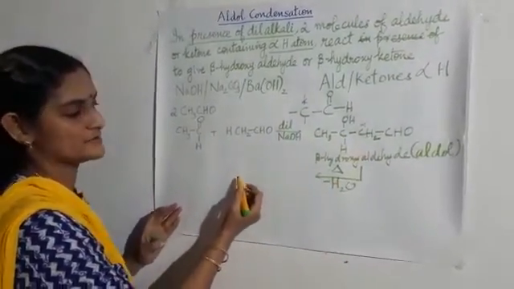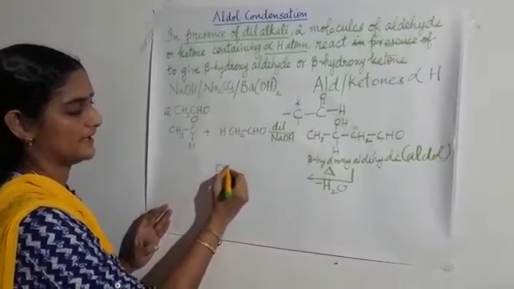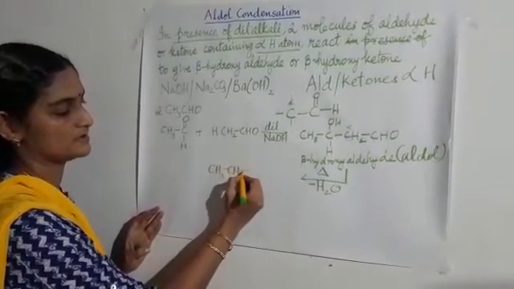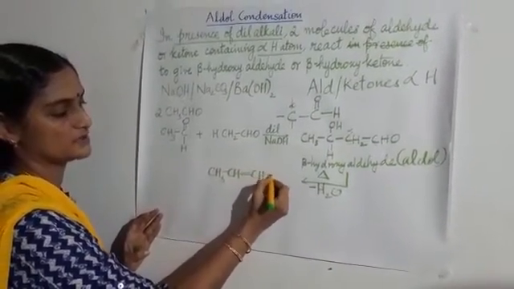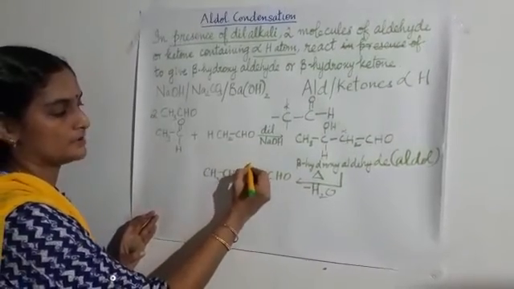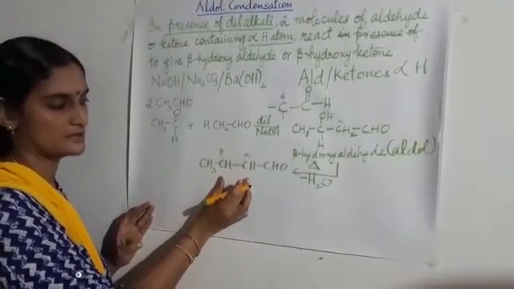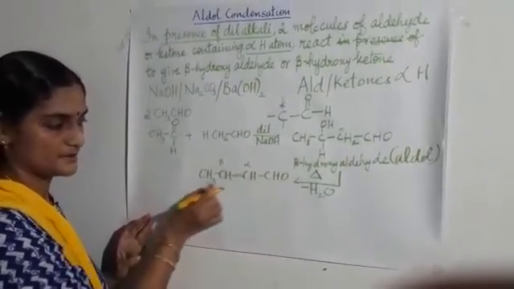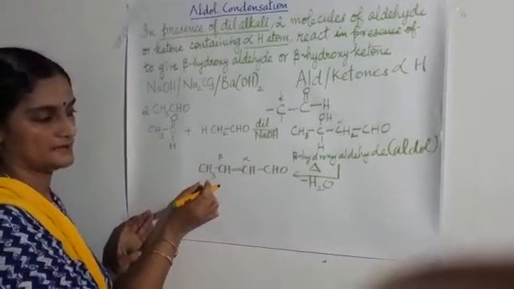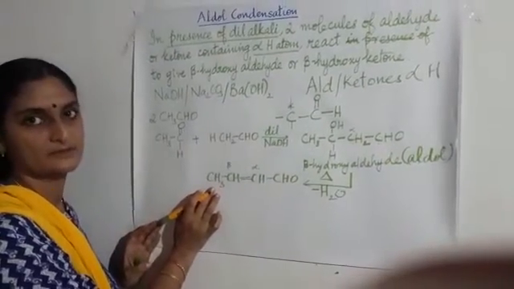So we'll write the structure of the product. The product will be CH3 CH double bond CH and CHO. So now there is a double bond between alpha and beta carbon, or this product is the alpha beta unsaturated aldehyde, and this is the aldol condensation product.